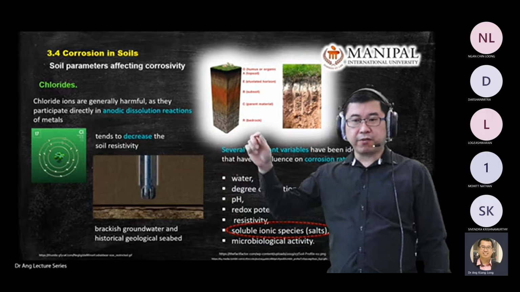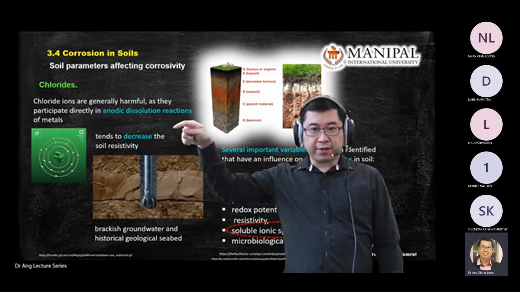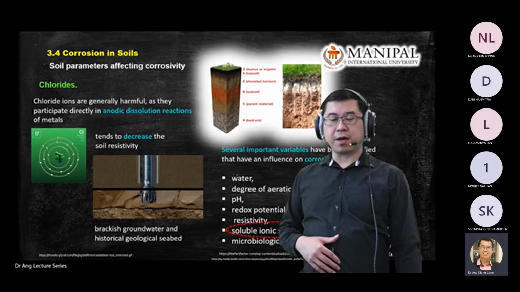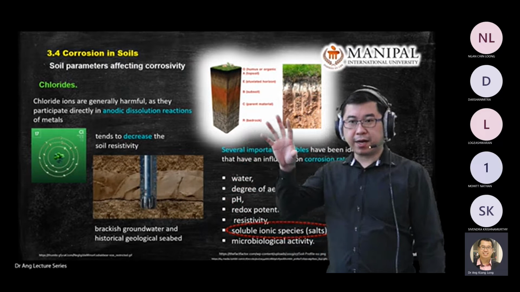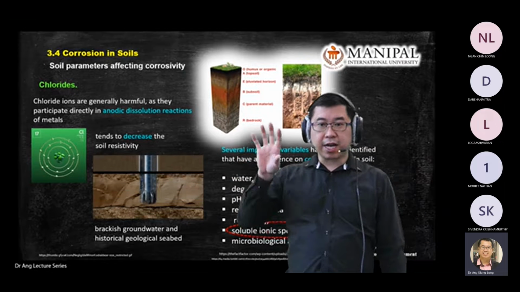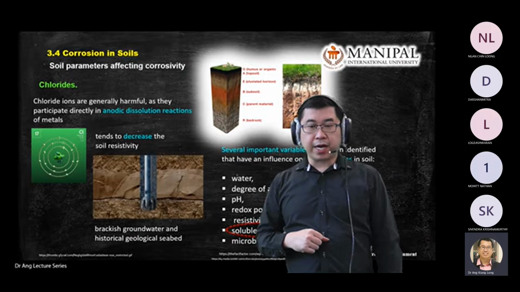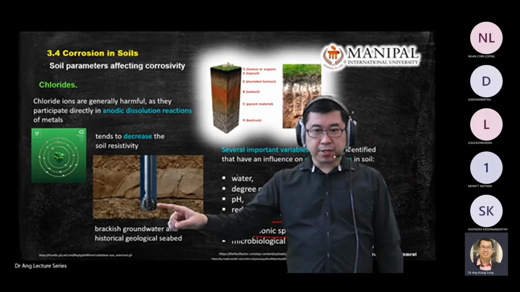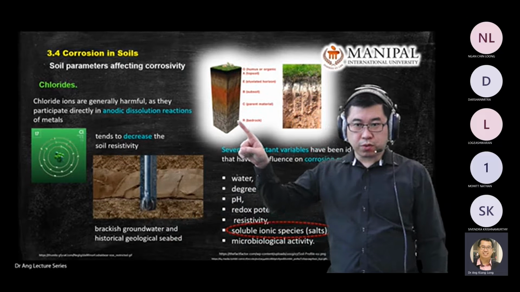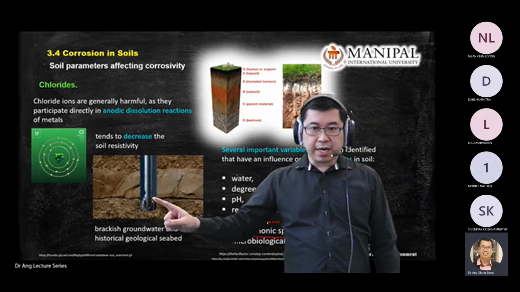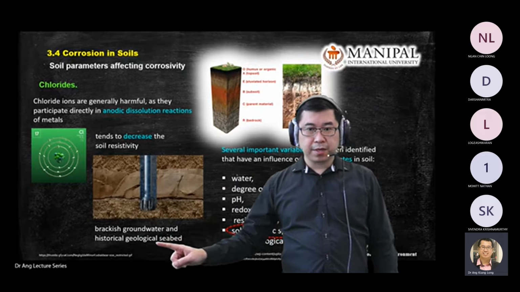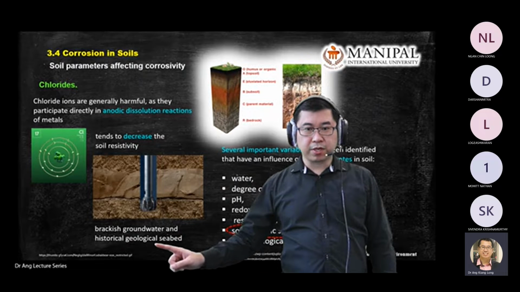When you deal with the oil and gas industry, when you have a drill bit that drills underground, or you are involved in city development where you need to dig tunnels for the highway, sometimes you need to dig a hole very deep and you will encounter underground water and also some decomposed geological seabed.